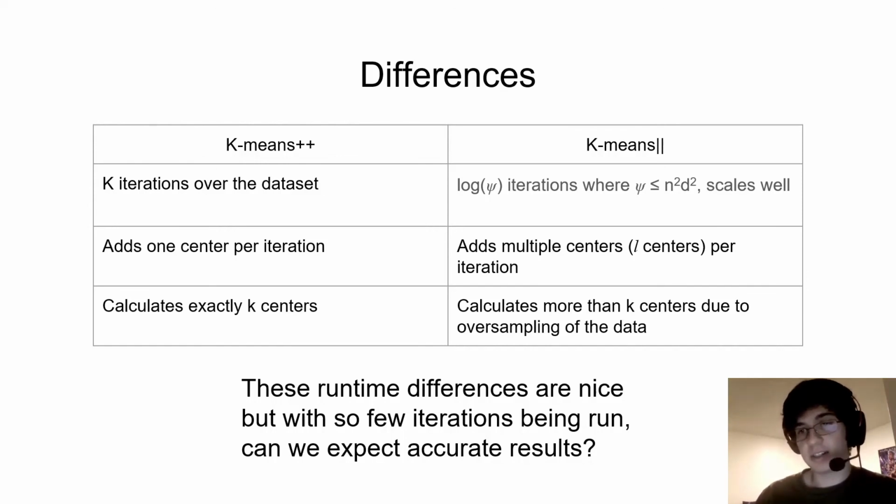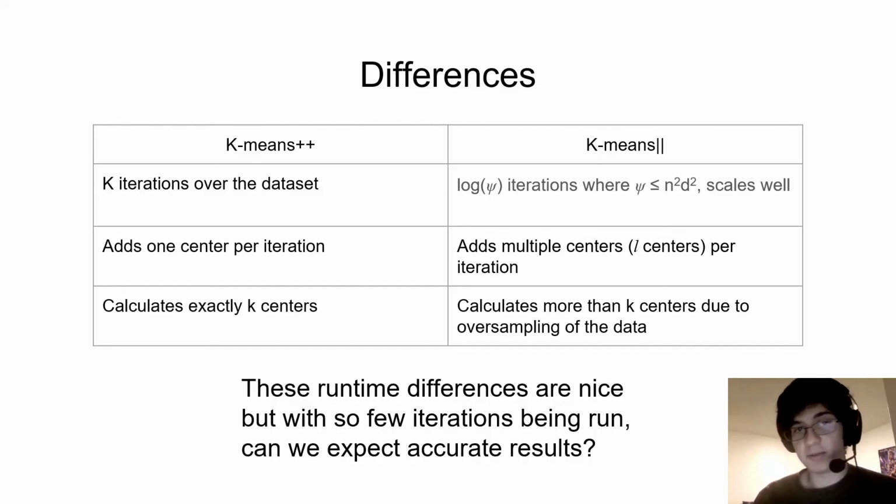But if you look at the size of log psi compared to k, in the paper, some of the experiments Bahmani was running, he would run log psi equal to 5 and k-means plus plus, so that runs on k iterations with k equal to 500. So he was able to decrease the number of iterations by 100 times and actually improve accuracy, which, I mean, it's definitely interesting. So it kind of goes to show that k-means parallel is incredibly scalable.